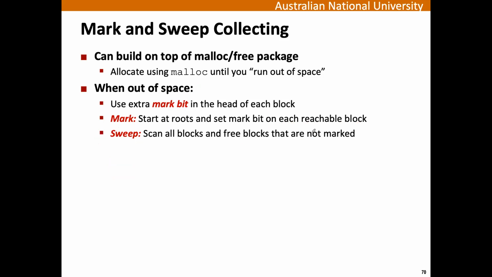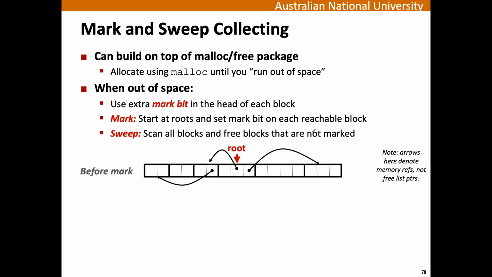Okay, so here's an example of the marking phase. Here's a root object coming from the stack or from somewhere, and there's a pointer to this block. Then there's a pointer to this block. So this one is alive, this one is alive, and then there's a pointer to this one. So we are going to mark all of these blocks.